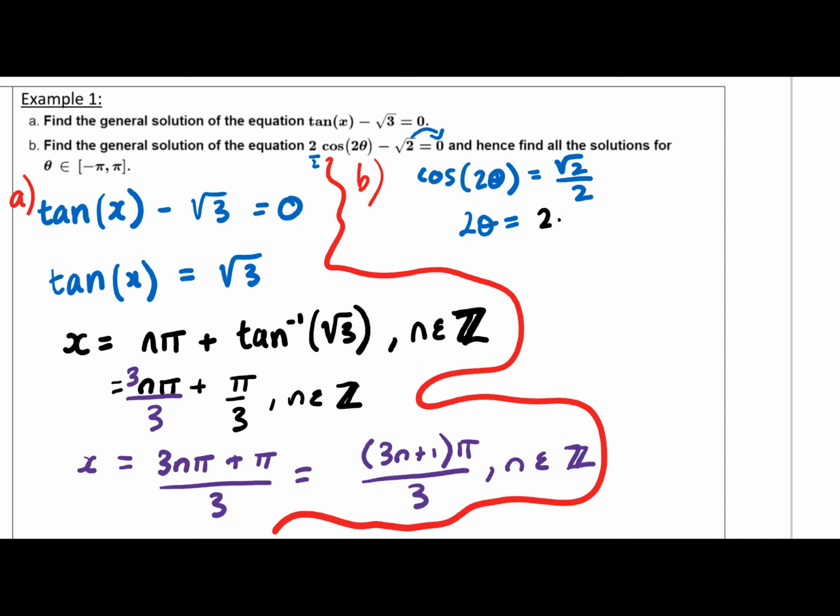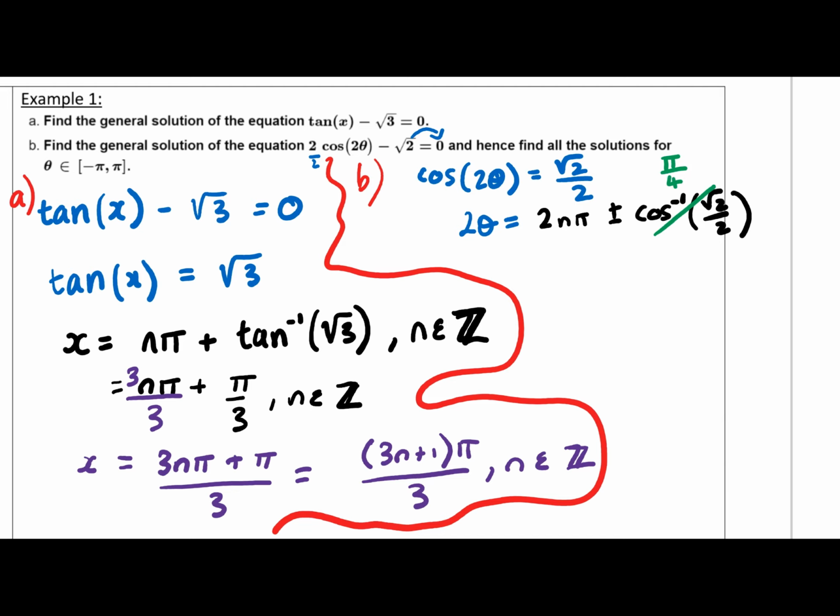For cosine, that's 2n pi plus or minus the arccos of √2 on 2. Remember, the arccos of √2 on 2 is saying what angle, or cosine of what angle, gave me this answer. And reading from my table of exact values, that's going to be pi on 4.